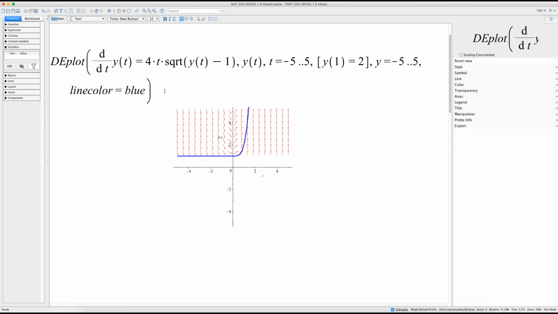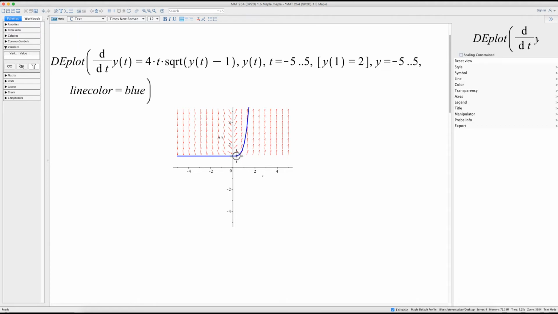But here's the trouble. Once it hits that horizontal line of y equals 1, Maple's like, oh, okay, then it just kind of rides along horizontally. But we can't guarantee that solution. So the best we can do is say up to just before y equals 1, it behaves like this curve.